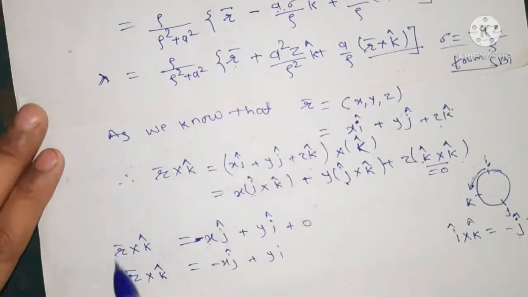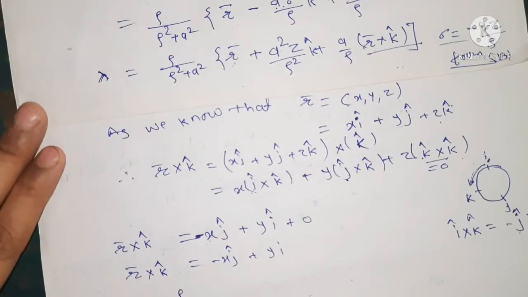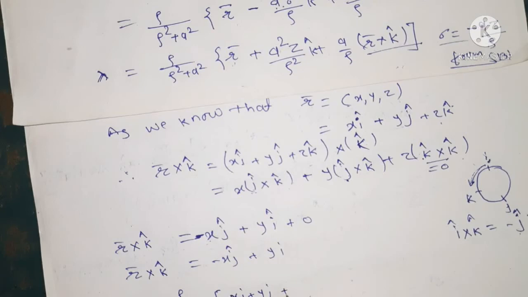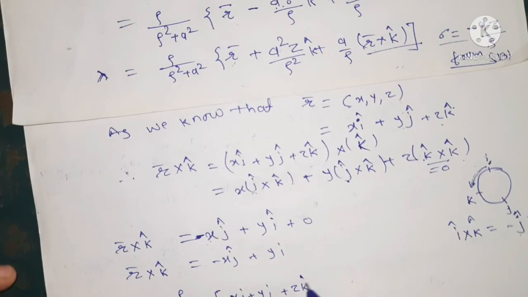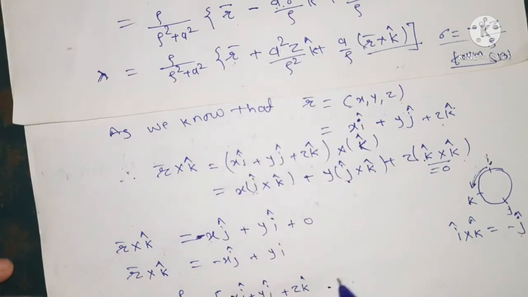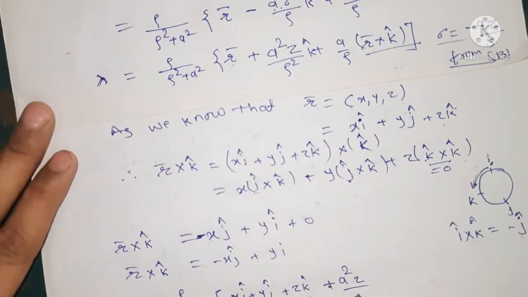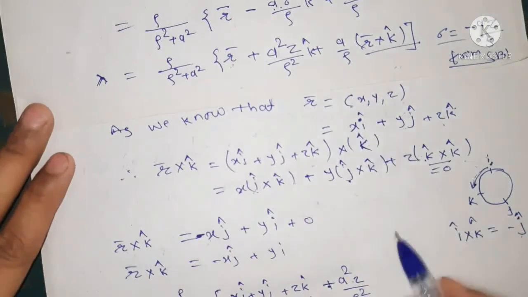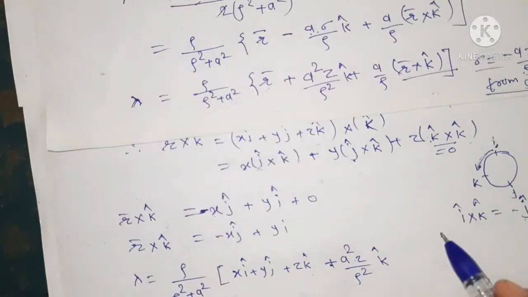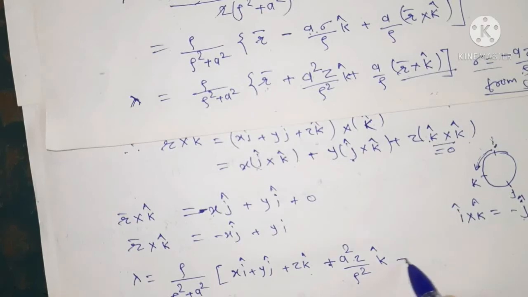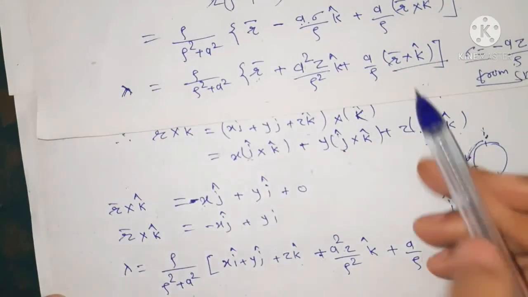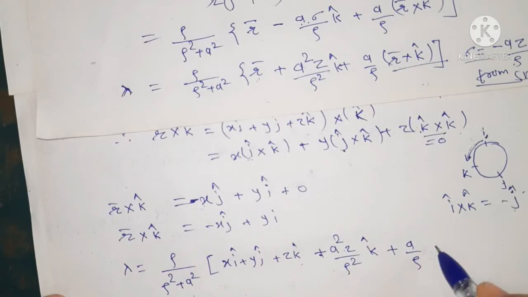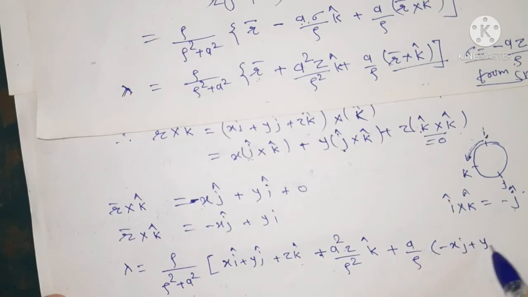We substitute this value here, so lambda will be equal to rho upon rho square plus a square, in a bracket we have xi plus yj plus zk cap, plus a square into z upon rho square k cap, plus a upon rho r bar cross k cap, which is our value minus xj plus yi.